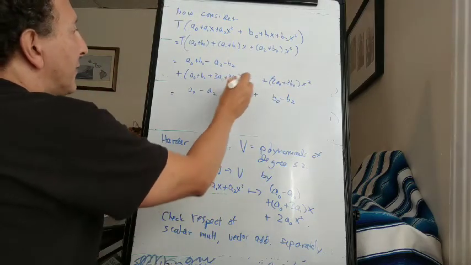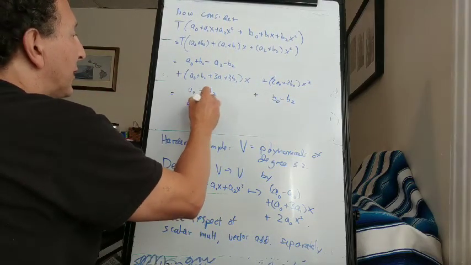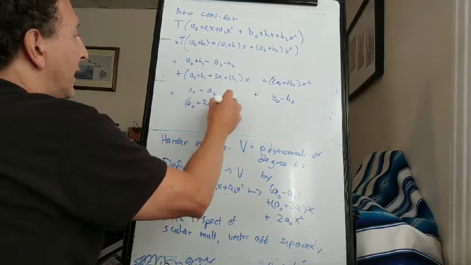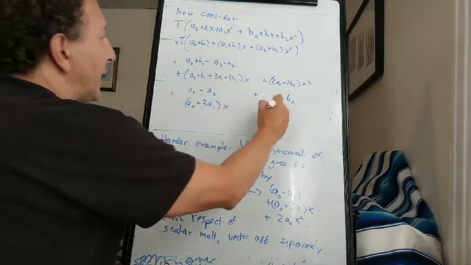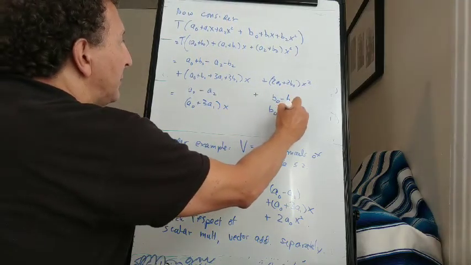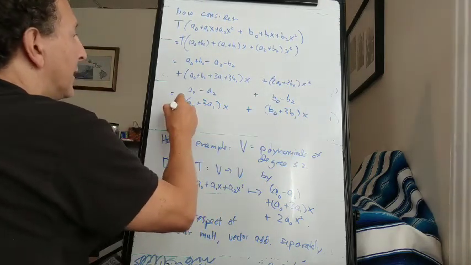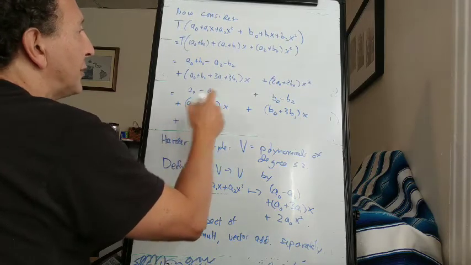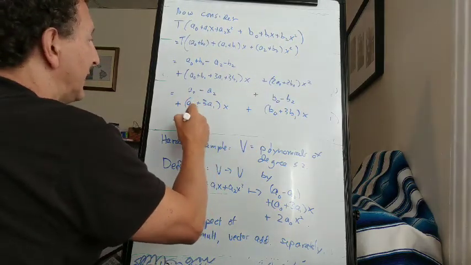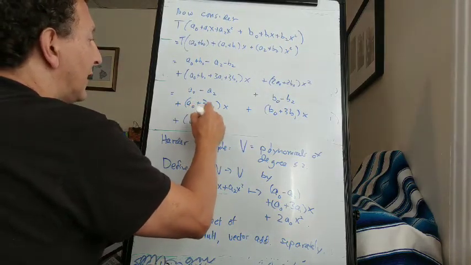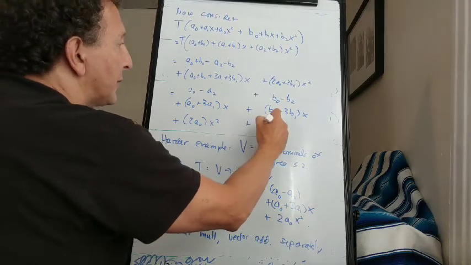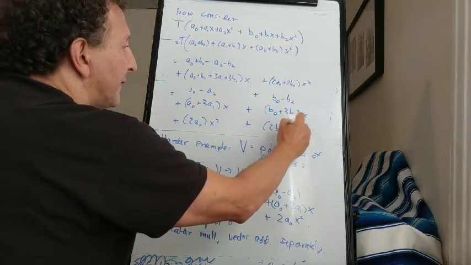And then for the x, we've got a naught plus 3a1 x, and then with b's, we've got b naught plus 3b1 x. And if we look at the x squared and the a's, we've got plus 2a naught x squared, and then plus 2b naught x squared.